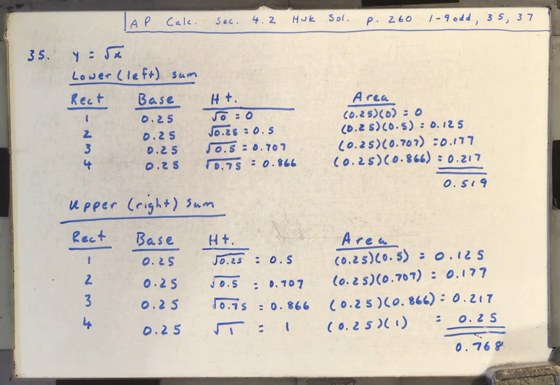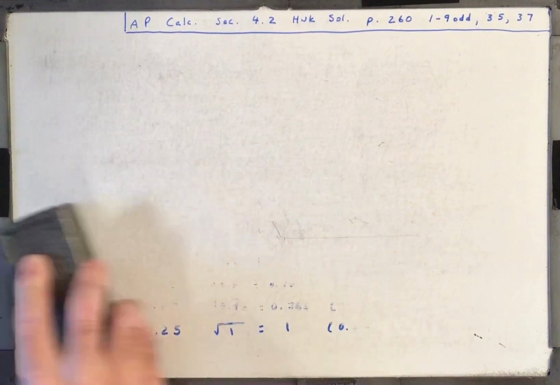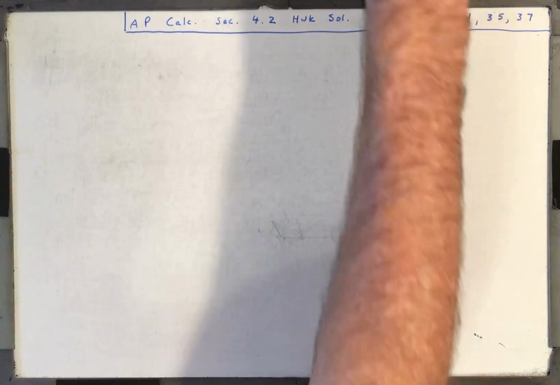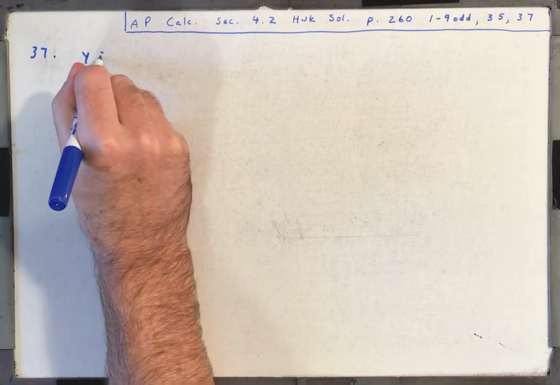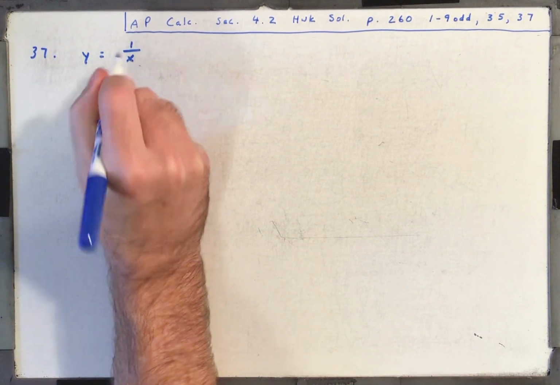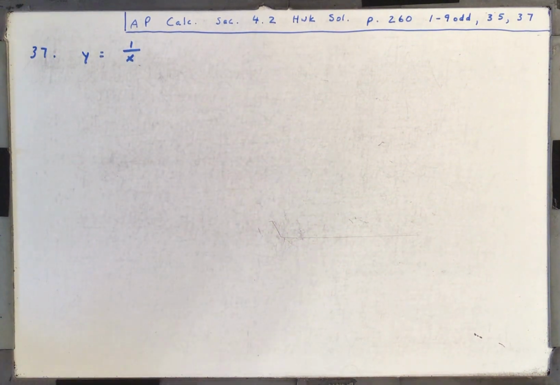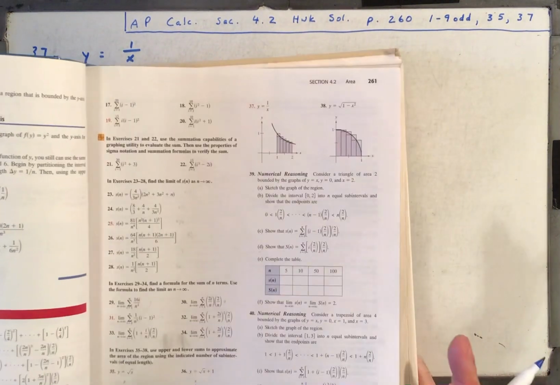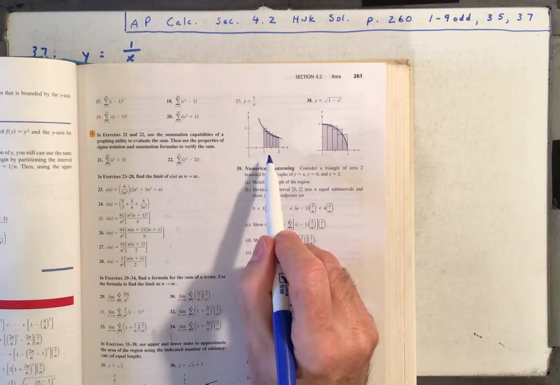Now let's look at 37. So 37, we have y equals 1 over x. So that's what we'll be using to determine our height. And looking at this one, we've got 5 rectangles to deal with.